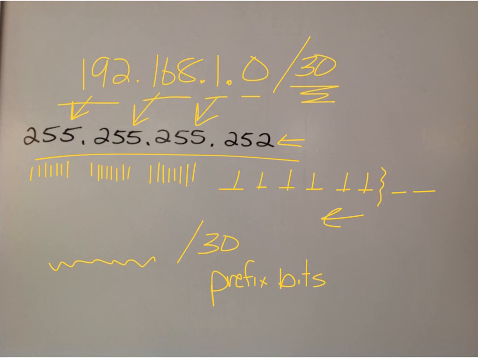Well, we got one group of 128, one group of 64, another group of 32, another group of 16, another group of 8, and another group of 4. Did I get them all? 64, 32, 16, 8, 4. Right, so add those up.